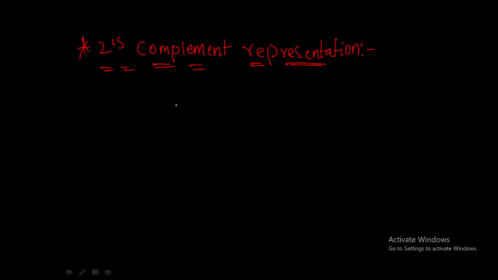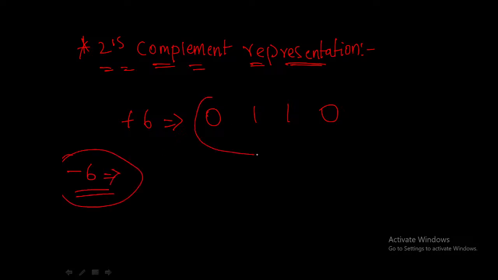First, let's see the positive number. Let's say plus 6, it is written as 0, 1, 1, 0. To represent minus 6 in 2's complement representation, we will apply 2's complement on this particular number.